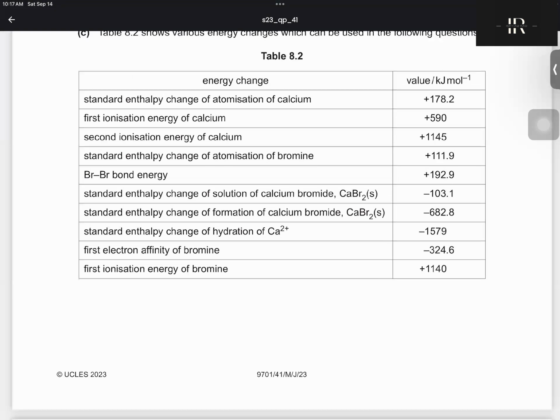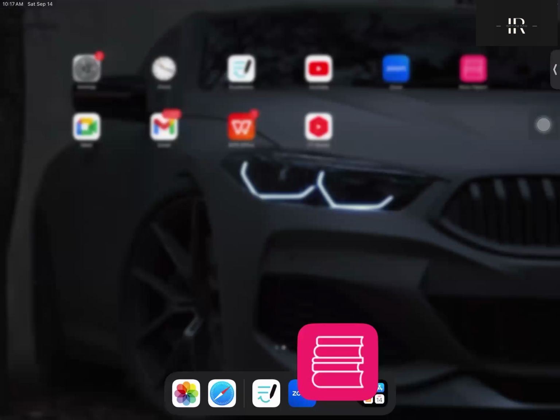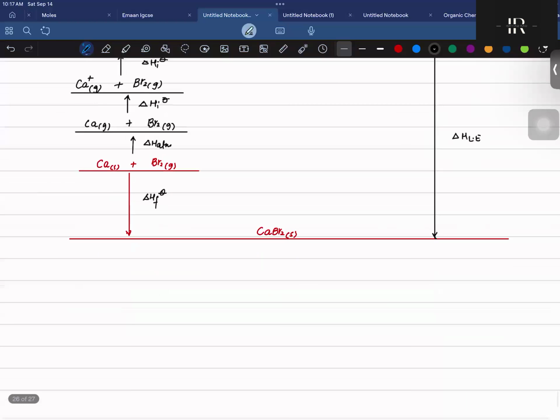Okay, first of all, I need the standard atomization of calcium. The first value is 178.2. 178.2 plus this is equal to delta HF.